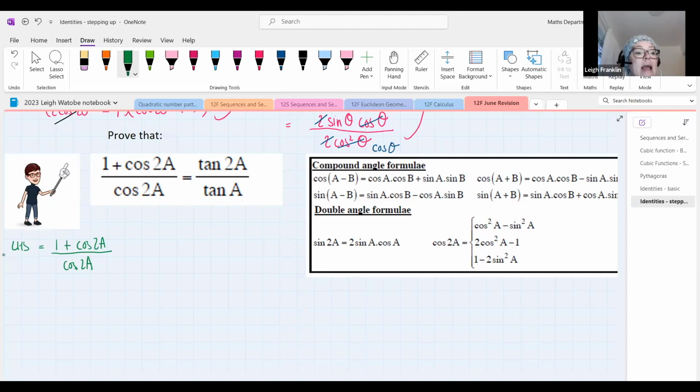Again, I want to get rid of the 1, Palesa. So how can I rewrite cos 2a so that the 1 goes away? What can I do? Any suggestions, Matrix?